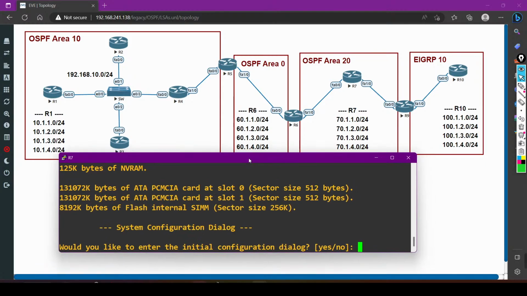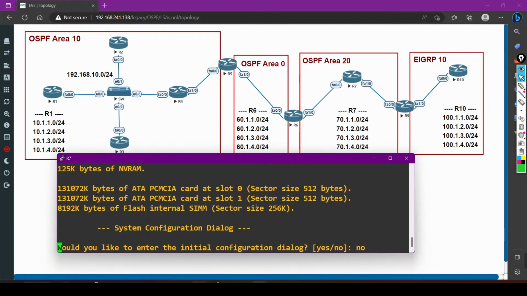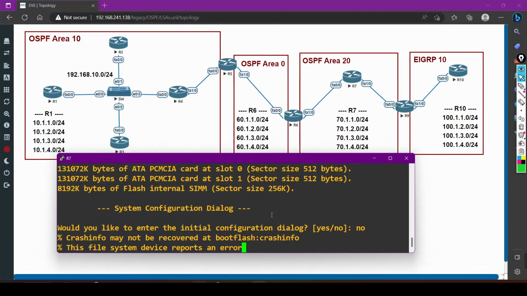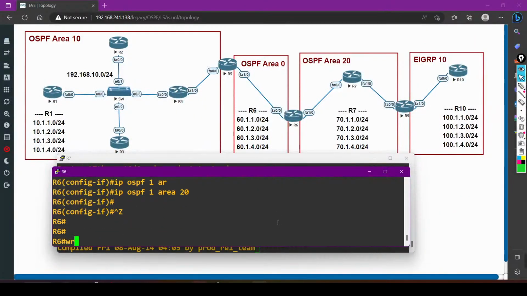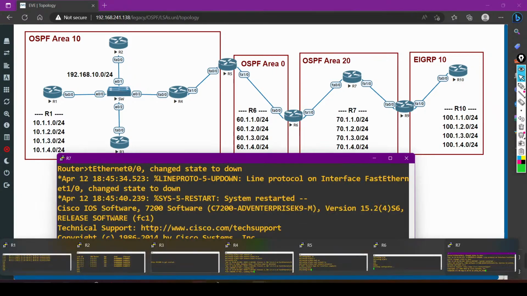Very easy, right? The LSA concept is very easy. Now we need to understand LSA 5 and LSA 7 only. We have 2 LSAs left. On router number 6, I am going to save the configuration. On router number 5 also, let me save the configuration.